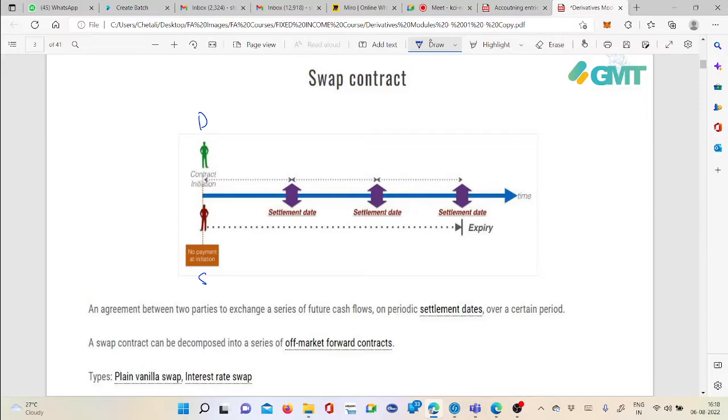See, if you want to execute any derivative contract, you always need to ensure that there is something called the underlying security. Underlying, it means what exactly, sir? We'll discuss that part.